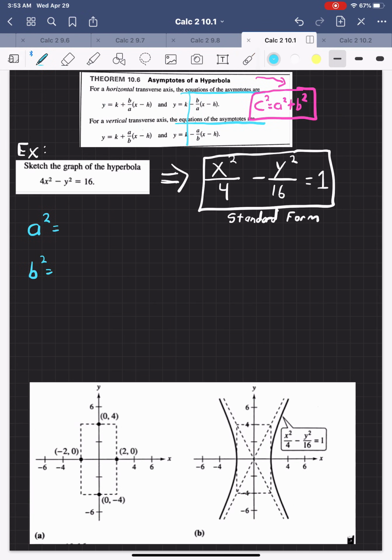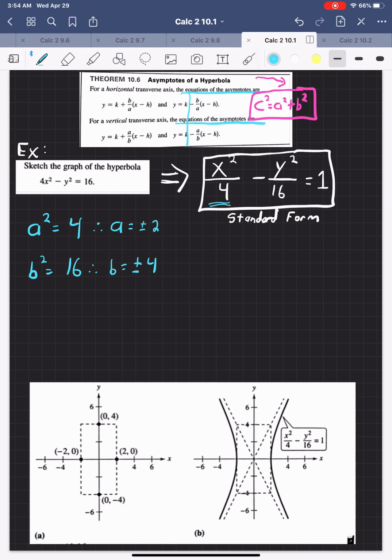In this case, let's agree that the x is the positive term and the y is the negative term, so A is under the positive term. So A squared is equal to 4, and B squared is equal to 16. That means A is equal to plus or minus 2, and B is equal to plus or minus 4. Okay, so far so good.